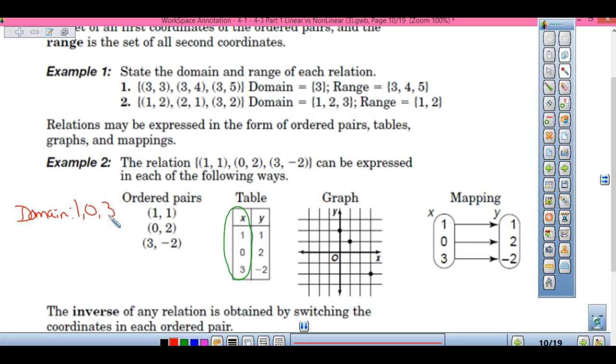So our domain would be 1, 0, 3. The outputs are 1, 2, and negative 2. These numbers right here are our range. You have that down?